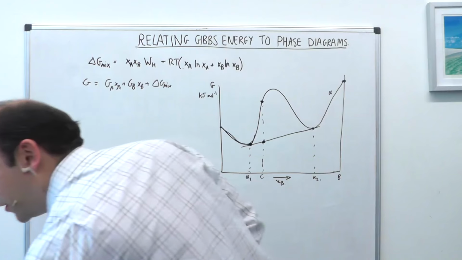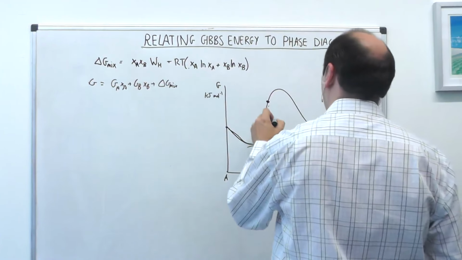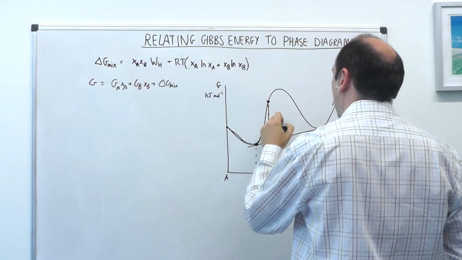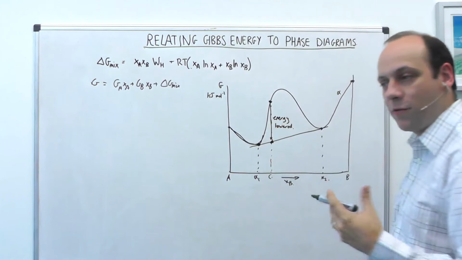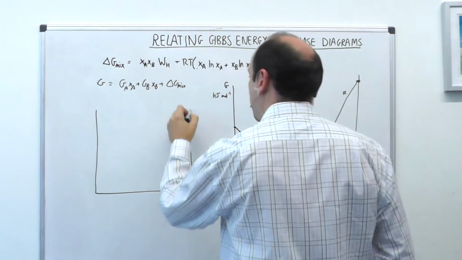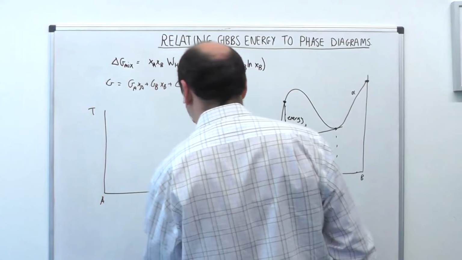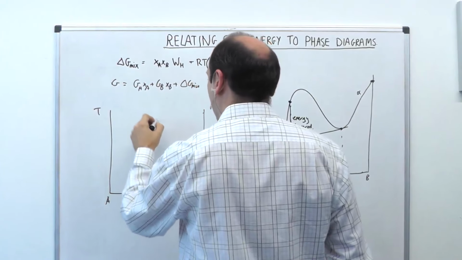So what that will look like on a phase diagram is it'll look like a phase separation. So if this is our phase diagram of temperature going from pure A to pure B, up at high temperatures we'll all be in a phase alpha.